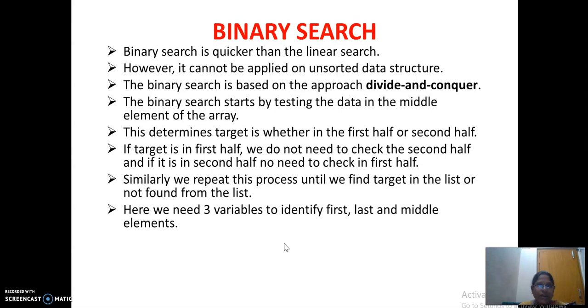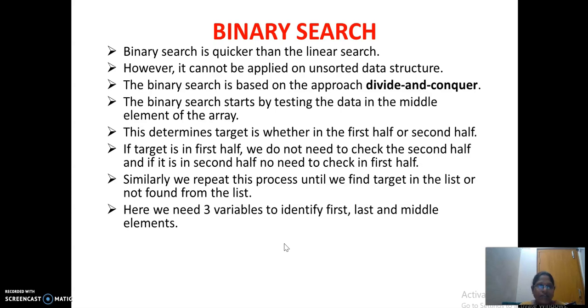What do you mean by divide and conquer? If the list consists of n number of elements, you are going to divide it into two parts and then you will perform the search operation. The binary search starts by testing the data in the middle element of the array. This determines whether the target is in the first half or second half.